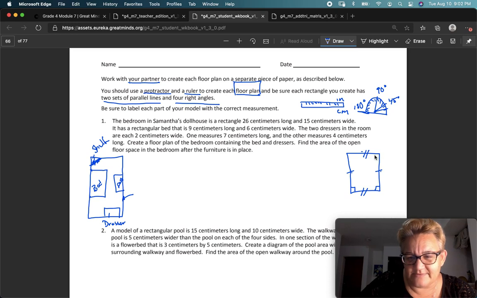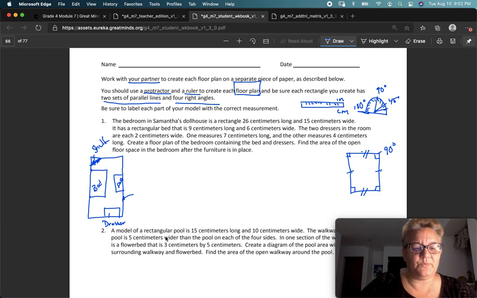Remember, right angles all have 90 degrees. This is why you're going to need your protractor. So use a protractor and ruler to create a floor plan. Be sure each rectangle you create has 2 sets of parallel lines and 4 right angles. That is the definition of a rectangle. Great. Then you're going to label each part of your model with your correct measurements.